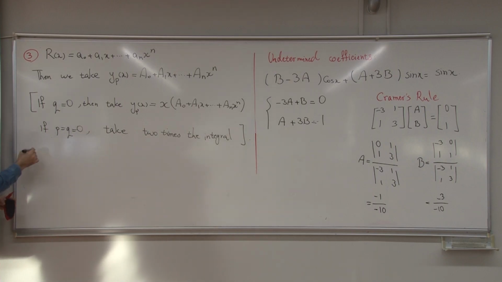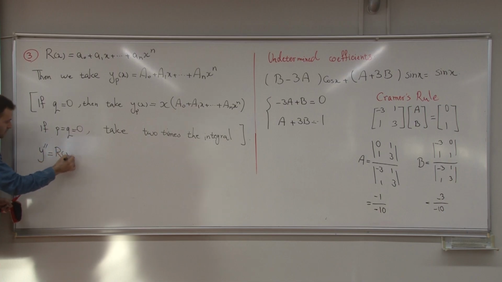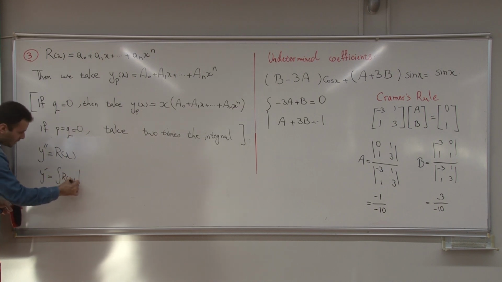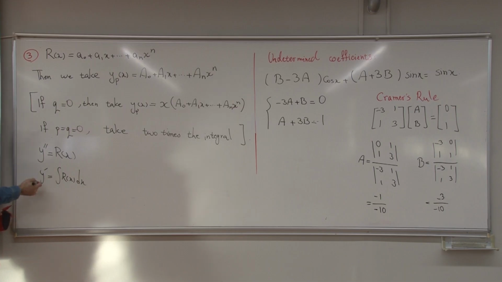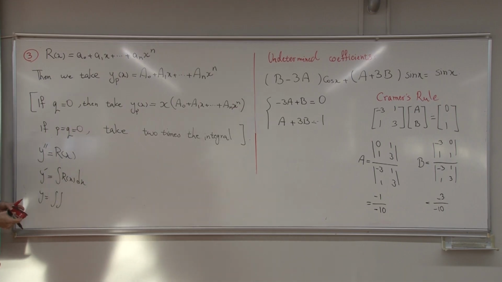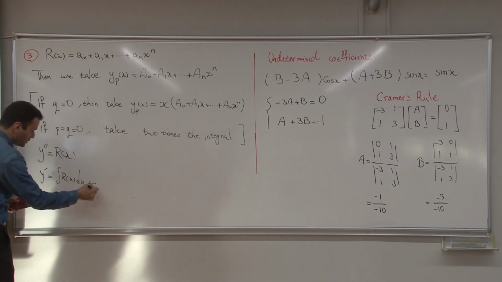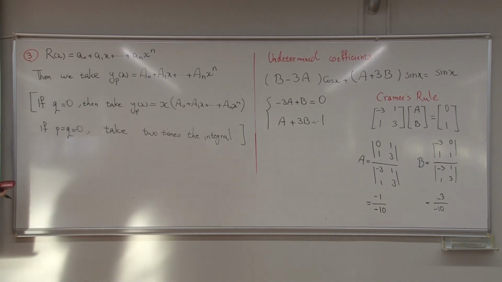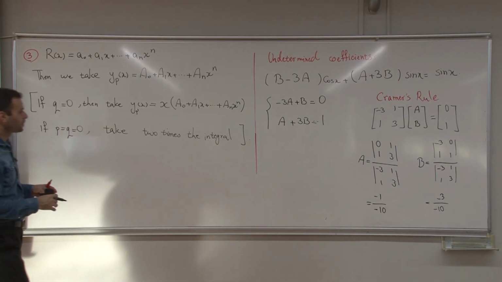Because you have y double prime equal to some function of x. This is already a separated one. So y prime is going to be the integral of r(x) dx, and y is going to be the integral of this. So taking the integral 2 times will give us the solution. Of course, we have the c's and so on. But anyhow, that is the case that we have already discussed.